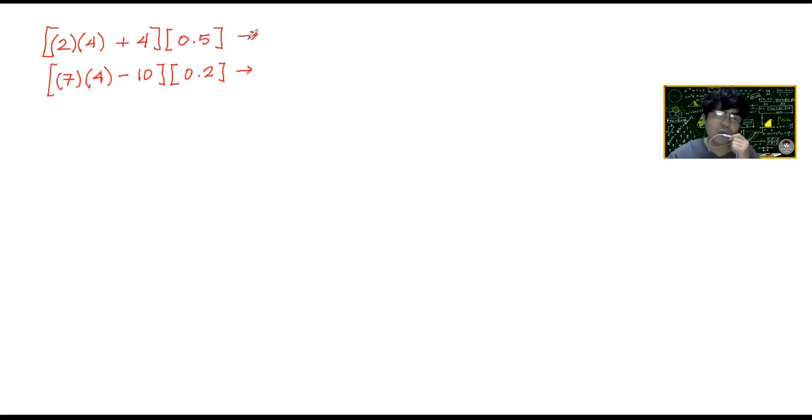What will happen here? 2 times 4 is 8 plus 4 is 12. 12 multiplied by 0.5 for this one is $6. How about for this one? 7 times 4 is 14 minus 10 is 4. 4 multiplied by 0.2. What will happen here? So this will become about 3.6. Correct me if I'm wrong.